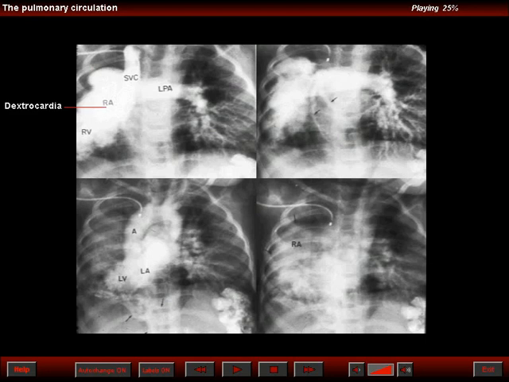We see the normal left pulmonary vascular tree. And in the venous phase, we can see draining veins that are directed towards the abdomen and represent the abnormal pulmonary venous connection or abnormal pulmonary venous drainage of the hypoplastic right lung.